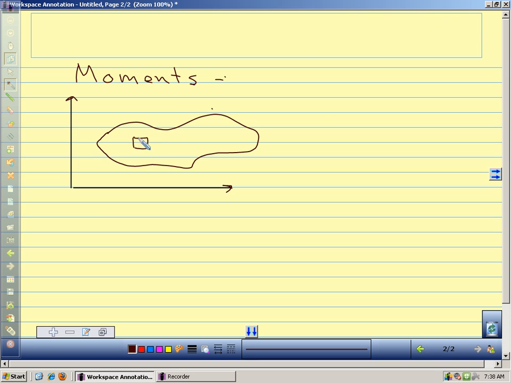So here's our little piece of this region, R, and the center of this little piece is at the coordinates x sub i, y sub i. And our mass, just like before.